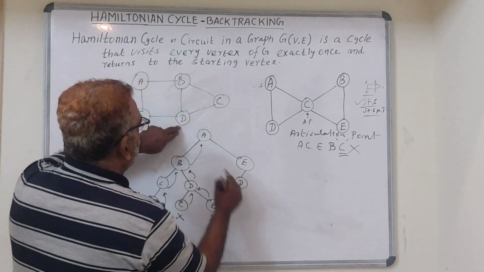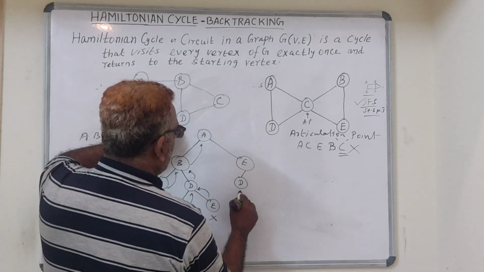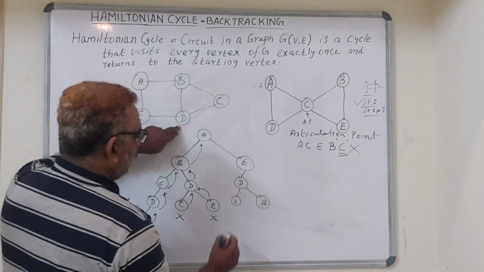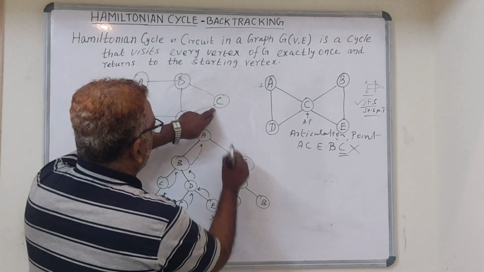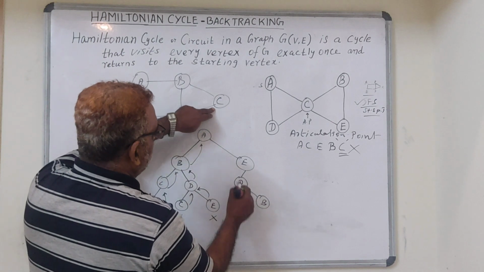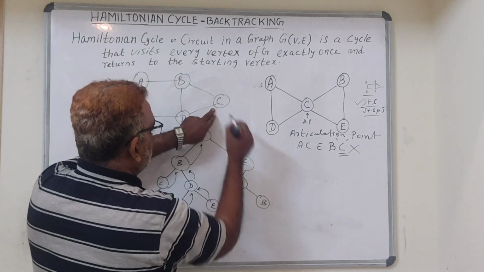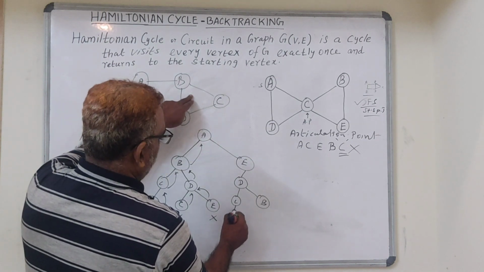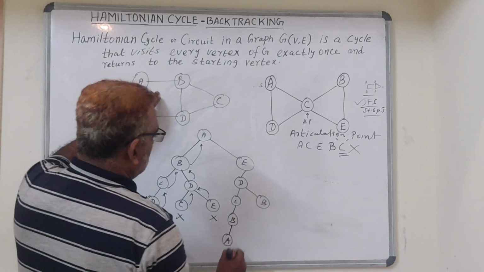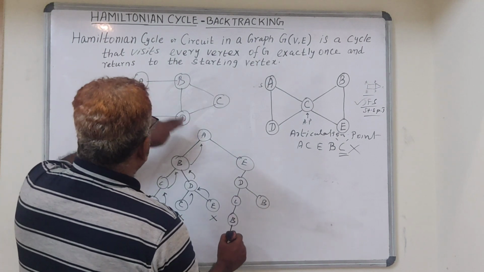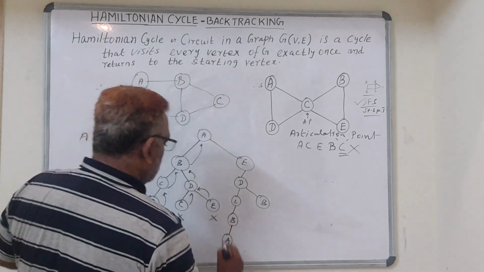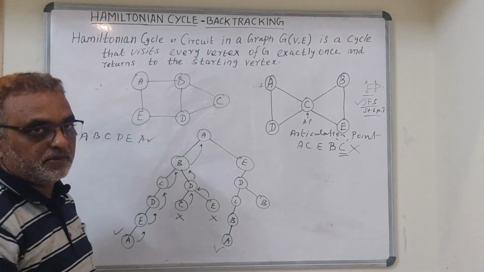So from D you have two possible adjacent nodes, one is C and another is B. If you proceed from C, we have D and B. D is already present, so the possibility is B, and from B you can reach A. So it is A, E, D, C, B, A. It is a solution, a Hamiltonian cycle present here.